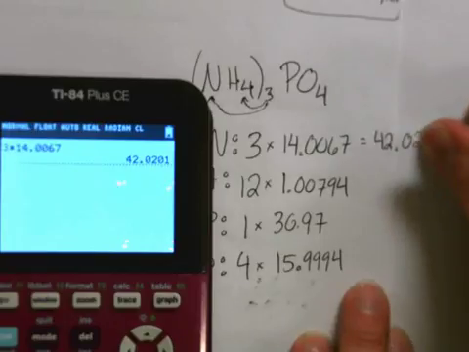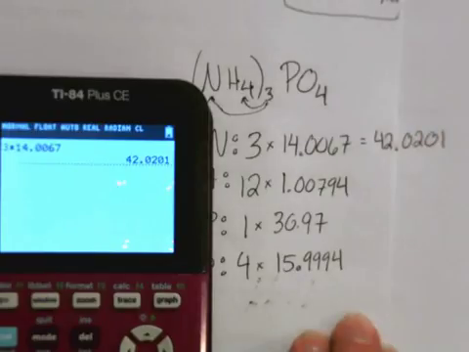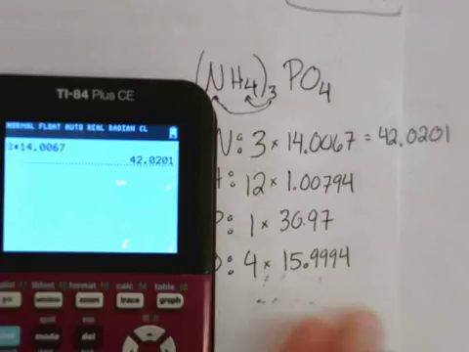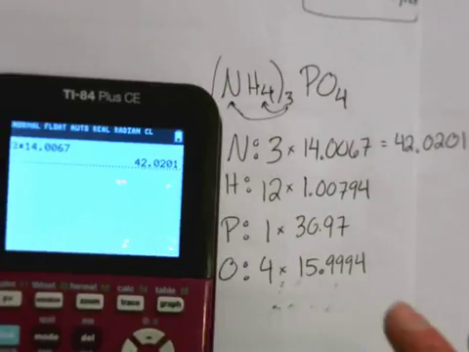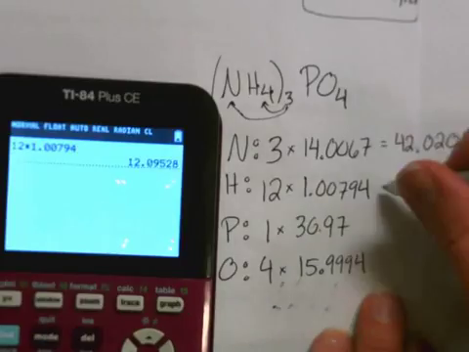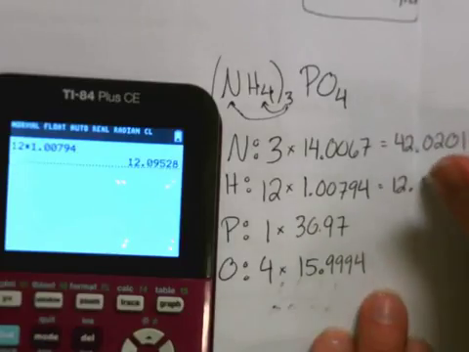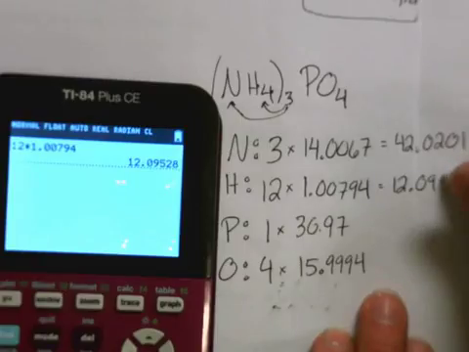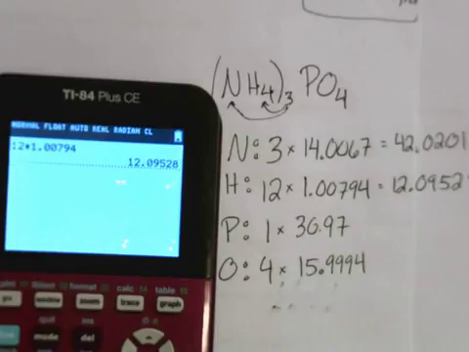For nitrogen, I have 42.0201. Then if I'm doing my hydrogen here, I've got 12 times 1.00794, which gives me 12.09528.